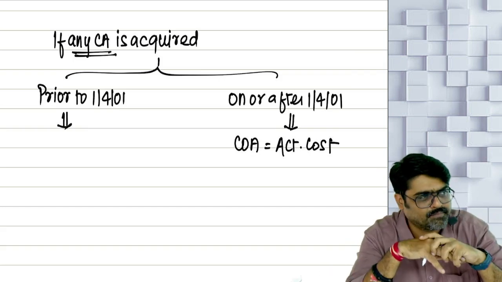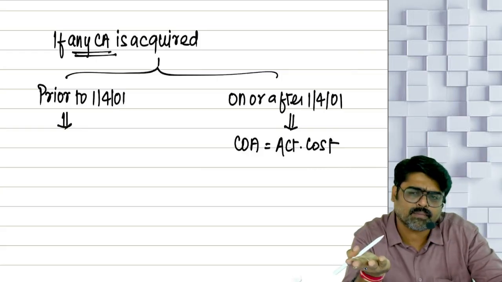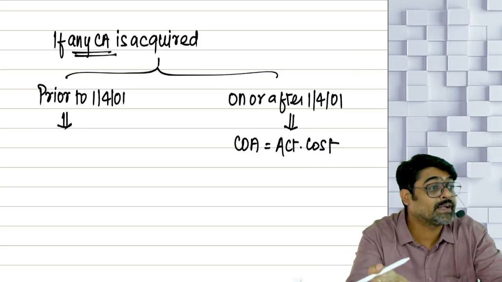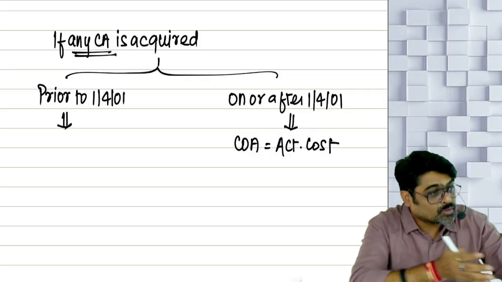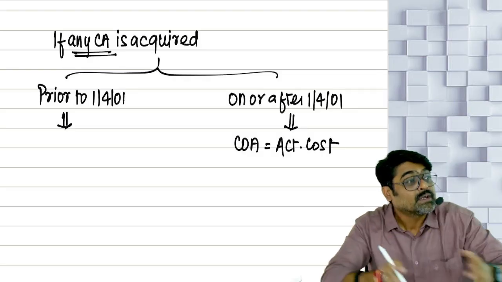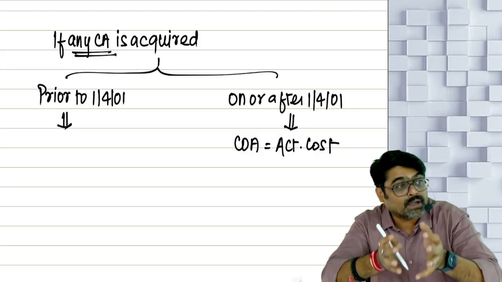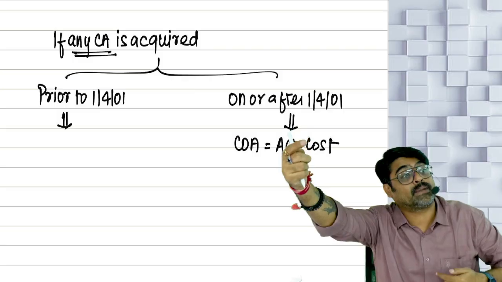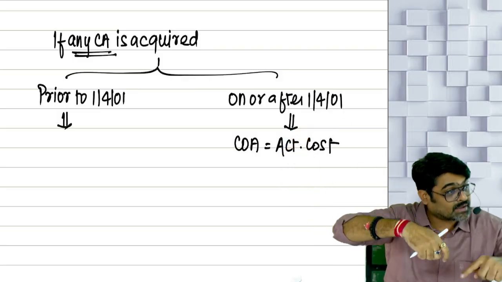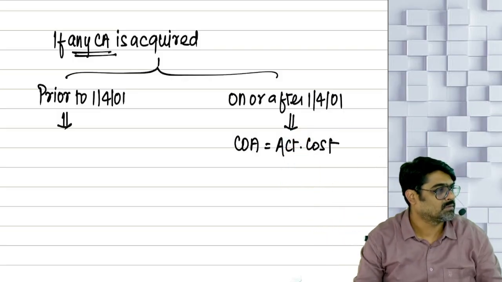Which cost will you take? Actual cost or fair market value? Whichever is higher. And usually the fair market value is higher, because over a period of years the asset's value keeps on increasing. So definitely the fair market value as on 1st April 2001 will be higher as compared to the actual cost.